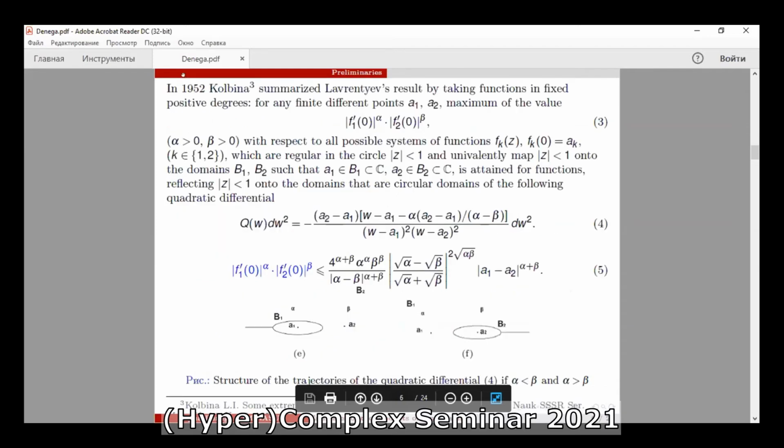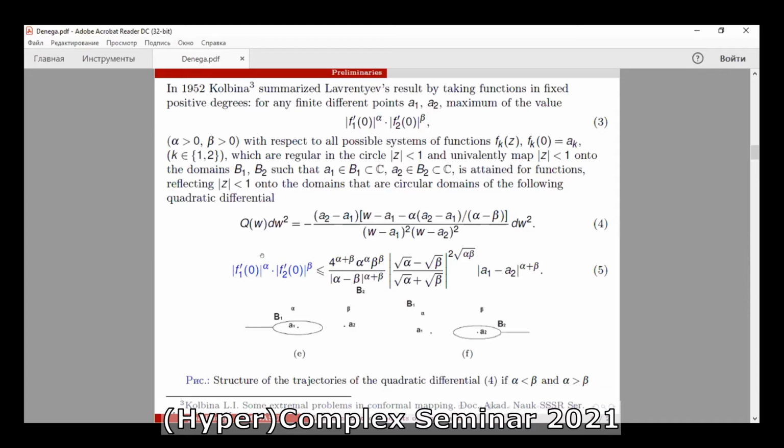So in 1952, Kolbina generalized Lavrentiev's result by taking functions to a fixed positive degree. For any finite different points A1, A2, the maximum of the value modulus f1 prime of 0 to the alpha, modulus f2 prime of 0 to the beta, she proved inequality 5.